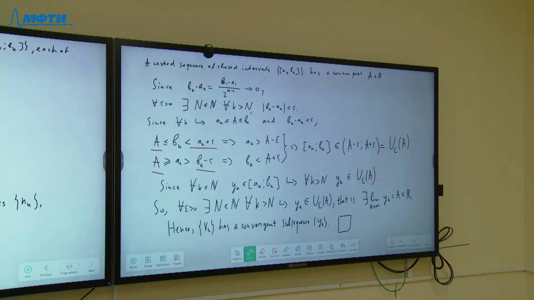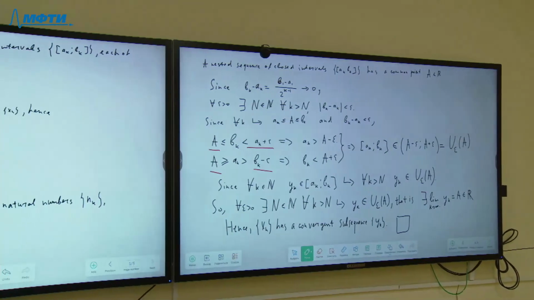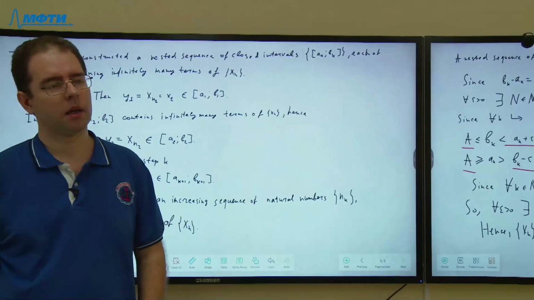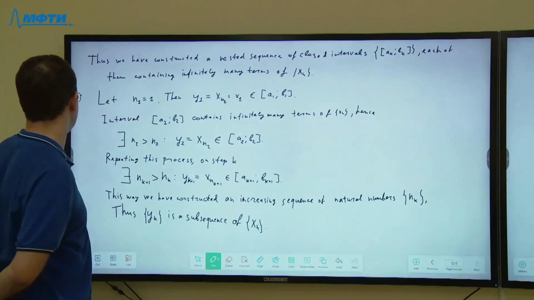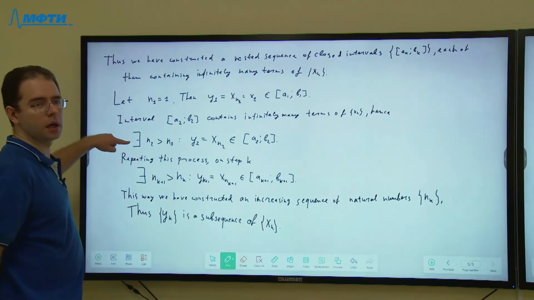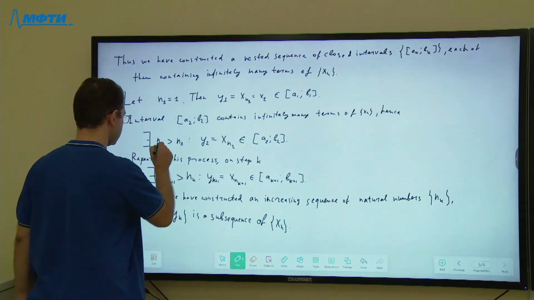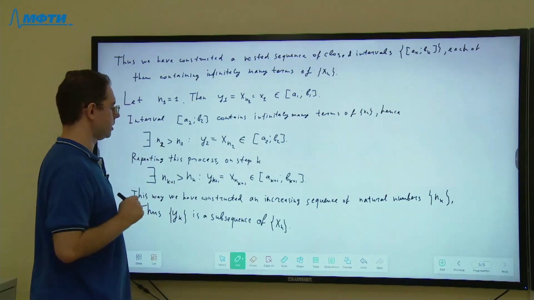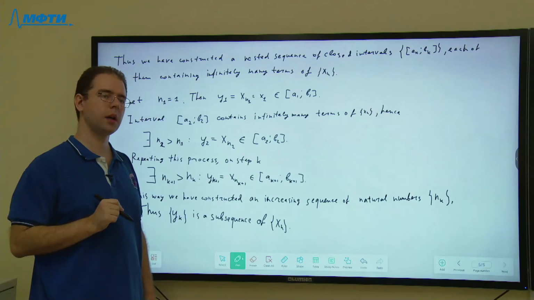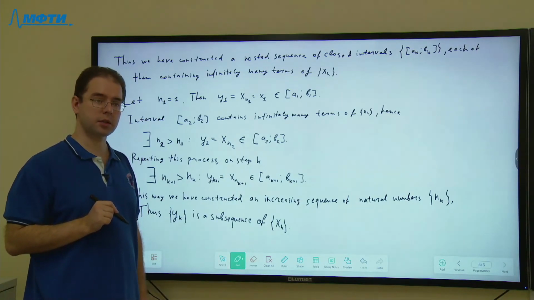Any questions? In that line, I said that there exists n_2 greater than n_1. Is it any number greater than n_1? There exists such a number.